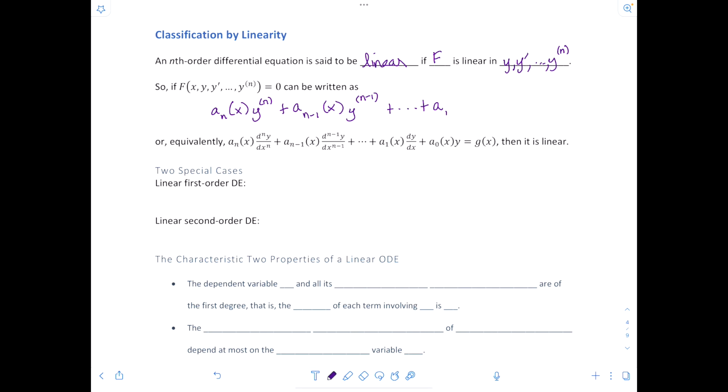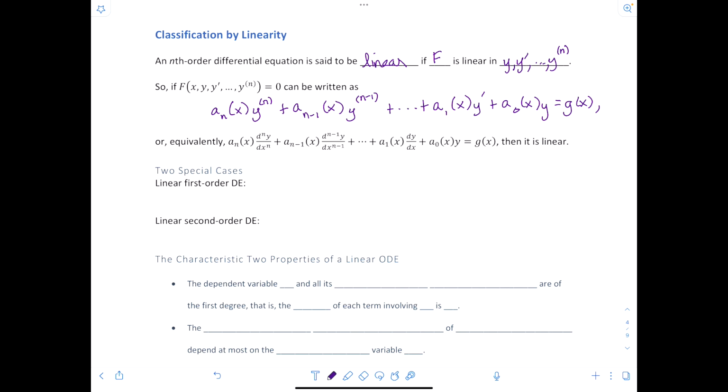Then we'll get to a sub 1 times x times y prime, that first derivative of y with respect to x, plus a sub 0 times x times y is equal to g of x, or equivalently, a sub n at x is equal to this. I'm not going to read it all over again.